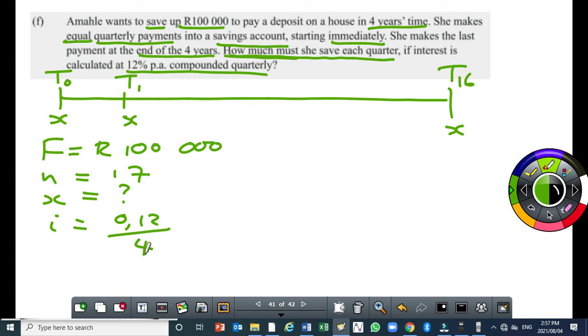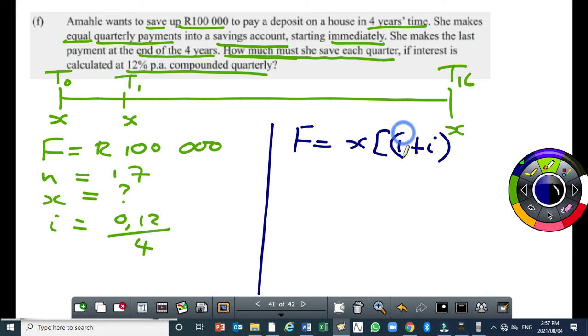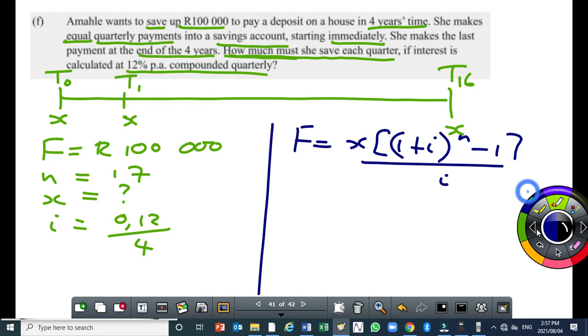Then let's put the formula. So I'm going to write my formula: F equals X times [(1 plus I) raised to the power of N, minus 1] all over I. How many of you would prefer me to make the X the subject before substituting the values?